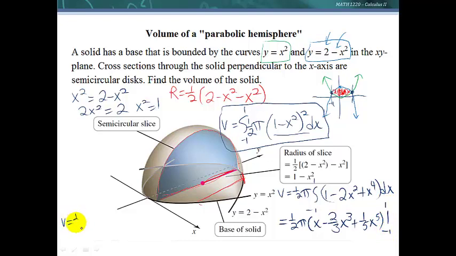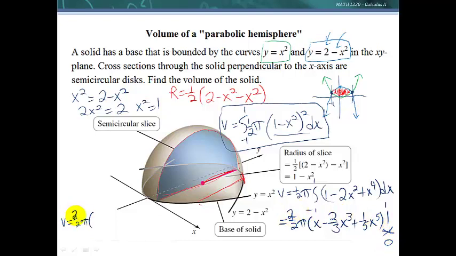We've got 1/2 pi, and evaluating this from, and actually, if I'm looking at this, I can see that I have an integral symmetric from -1 to 1, so I could be a little bit lazy and make this a little bit easier to evaluate if I made the lower limit 0 and doubled this.